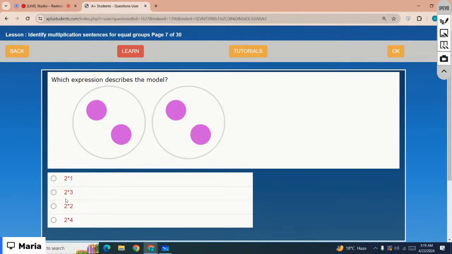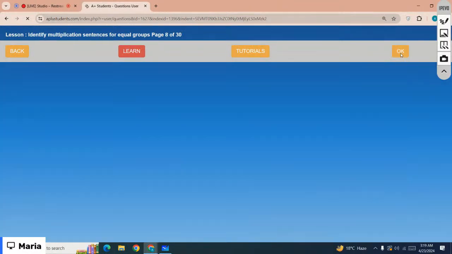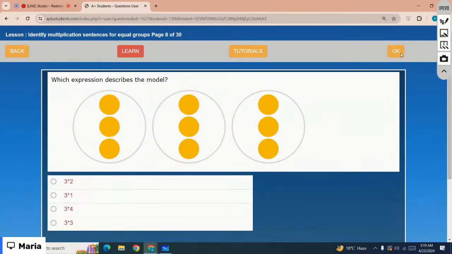That is 2 times 2. Very good. Which expression describes the model?